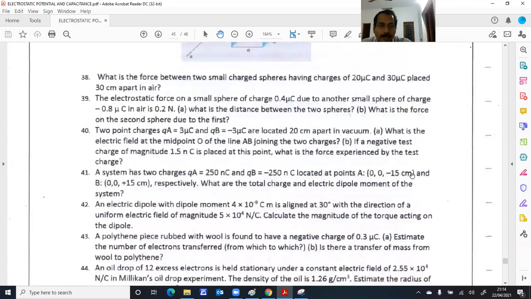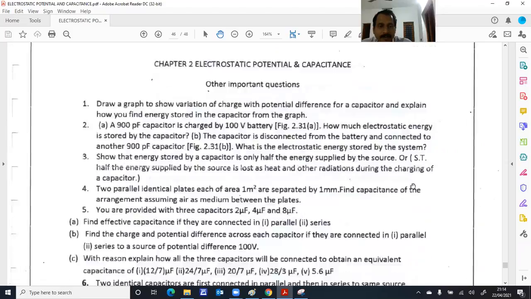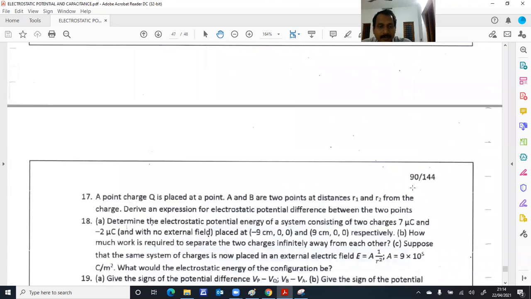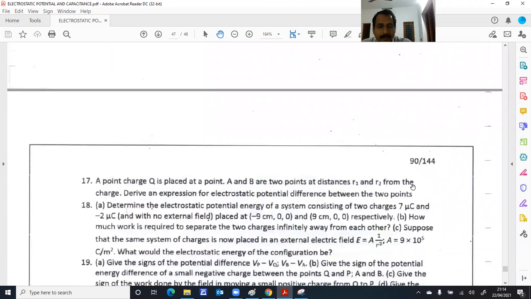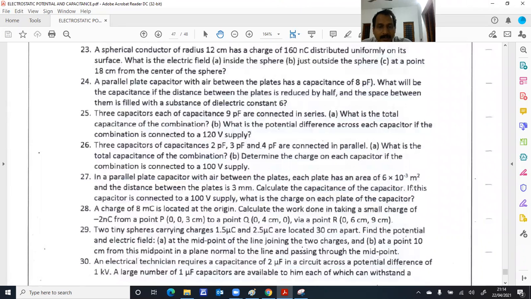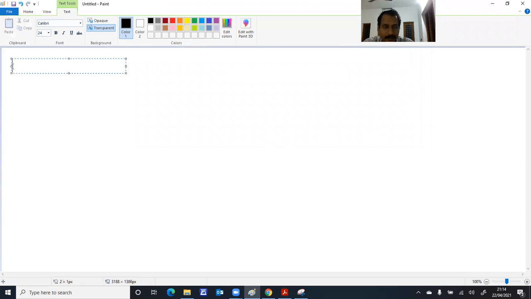This one has more questions from the previous chapter also. I searched, maybe it is there in the material, but I didn't find it, so I'm making a question for that concept.